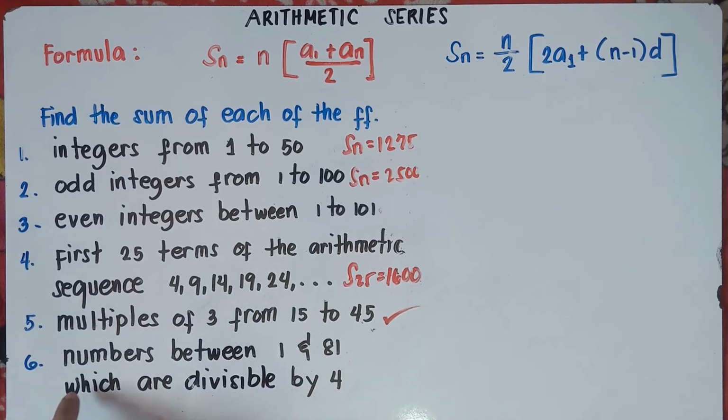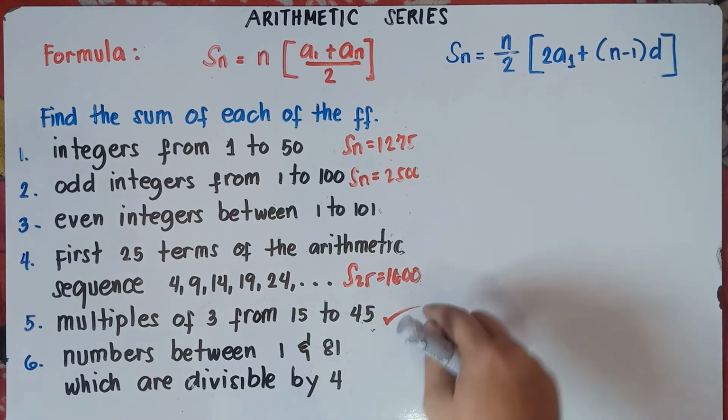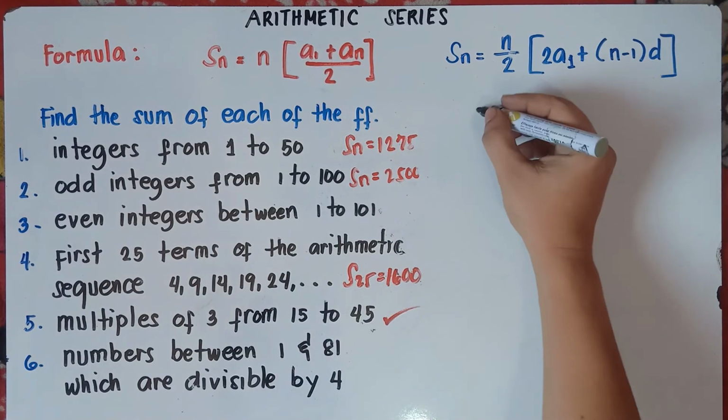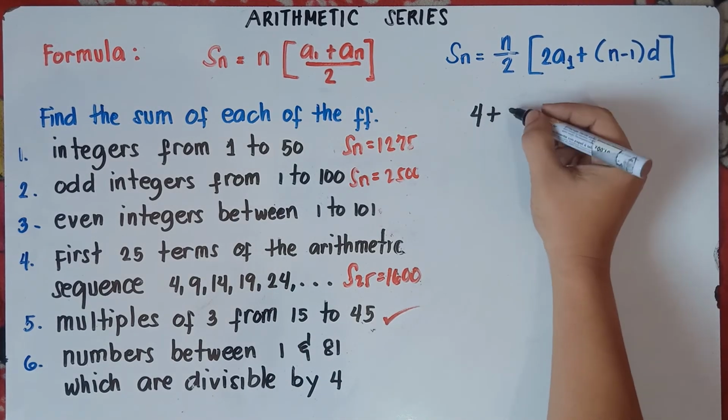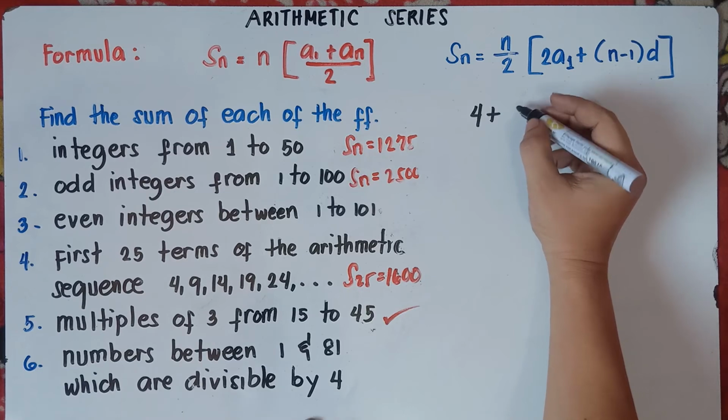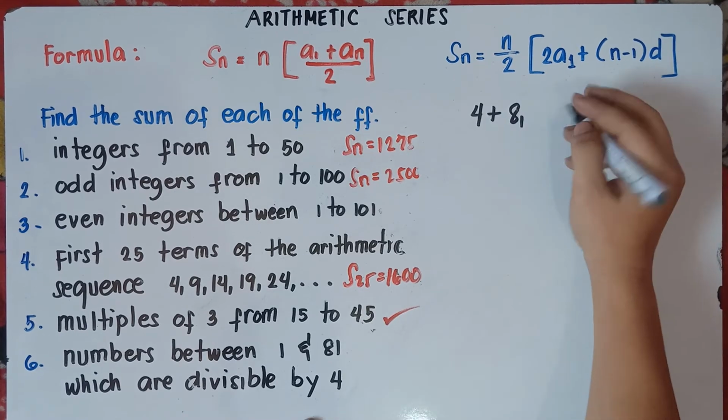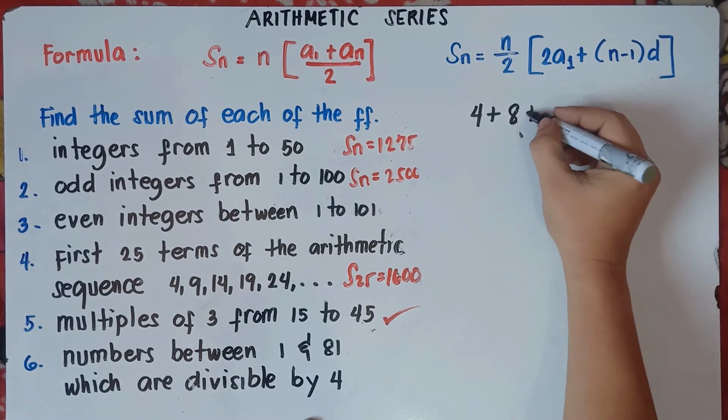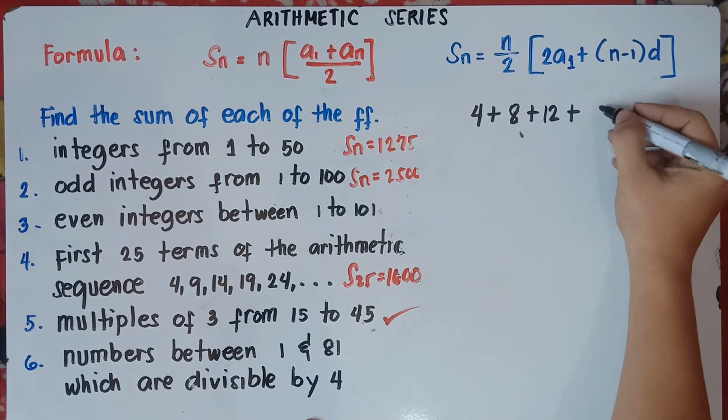For number 6, numbers between 1 and 81 which are divisible by 4. If it's divisible by 4, we can divide that number by 4. So between 1 to 81, we will start at 4, plus, what are the numbers divisible by 4? Let's have 8. Multiples of 4, class. 4, 8 plus 12 plus 16.